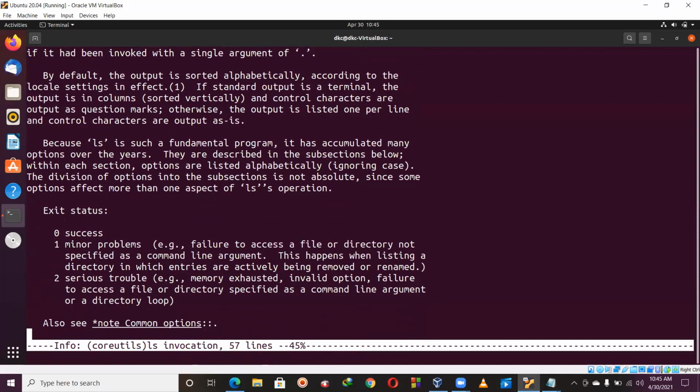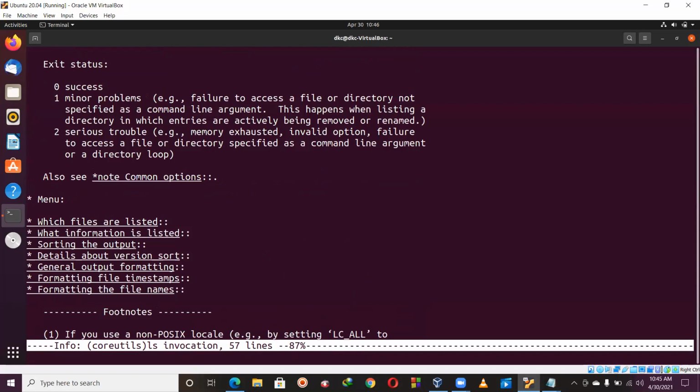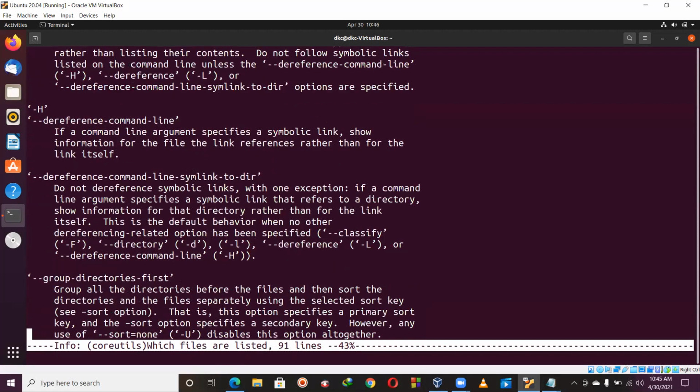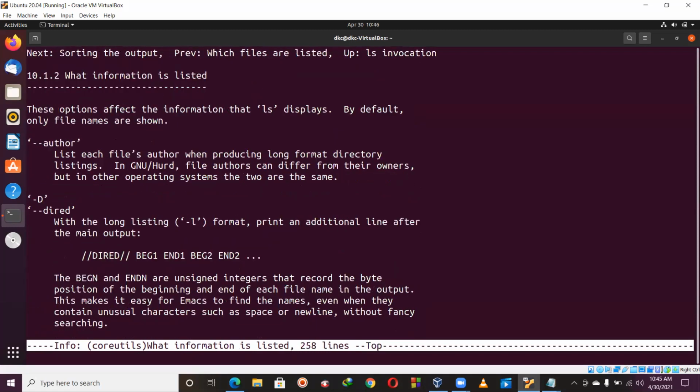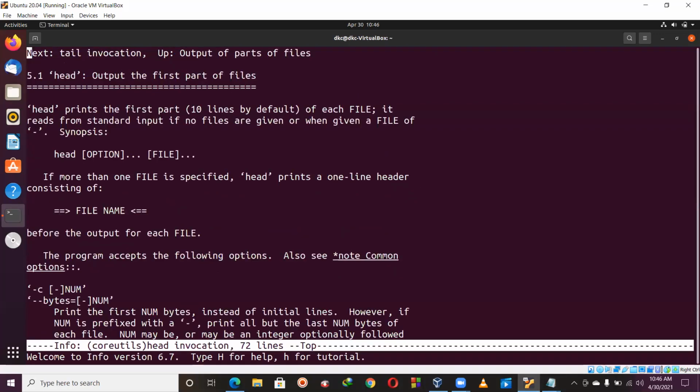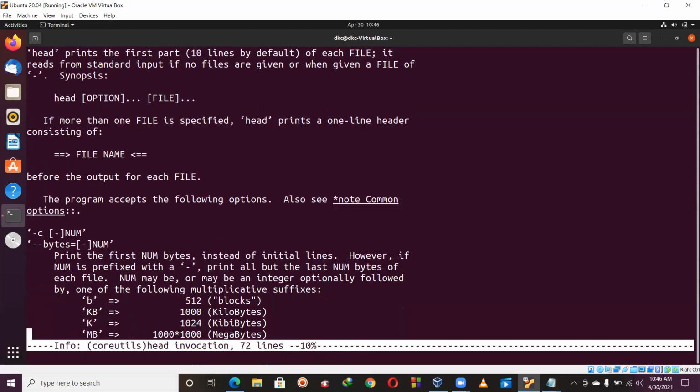So there is a slight difference between man and info, and you can use either. For example, info head. Understand all of you? It gives you more information about that.